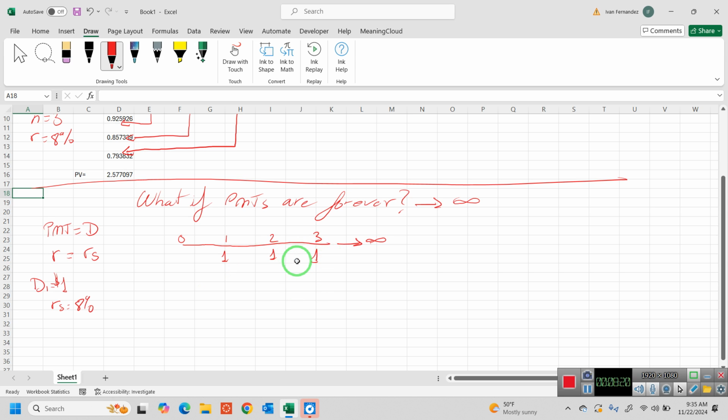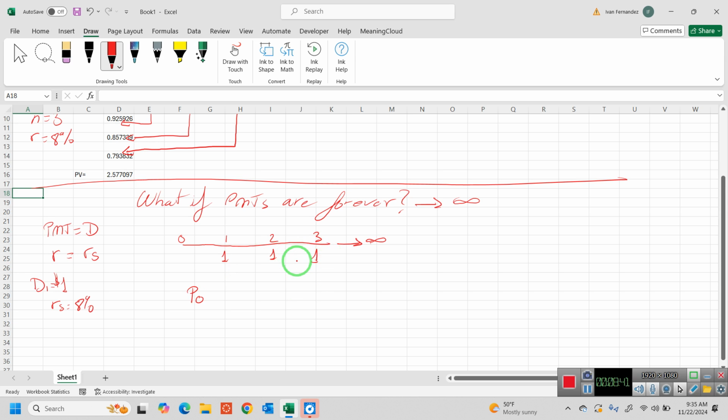Well, obviously you're not going to do that, because math is going to help us. We have a formula that allows us to compute this without discounting every single payment individually, one by one, to today. And the formula is as follows.